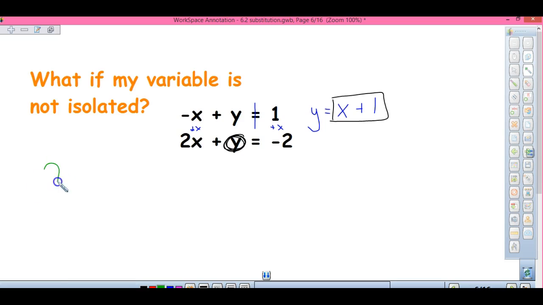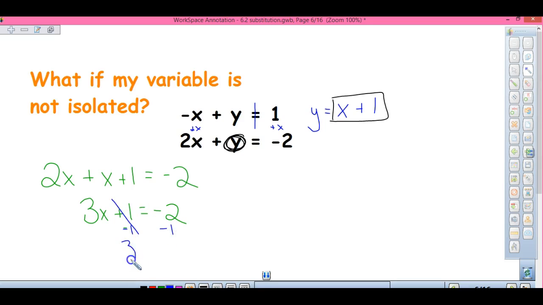So I have 2x plus who? X plus 1 equals negative 2. So now what? 3x plus 1 equals negative 2. Now what? Minus 1. 3x equals negative 3.